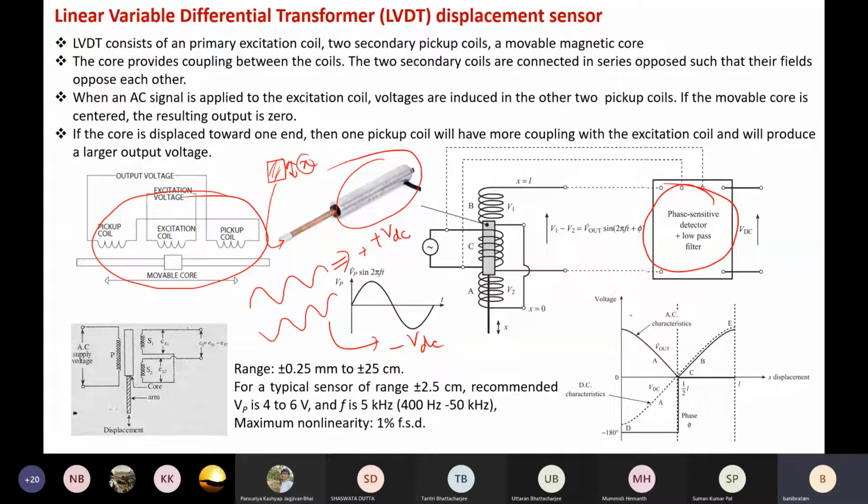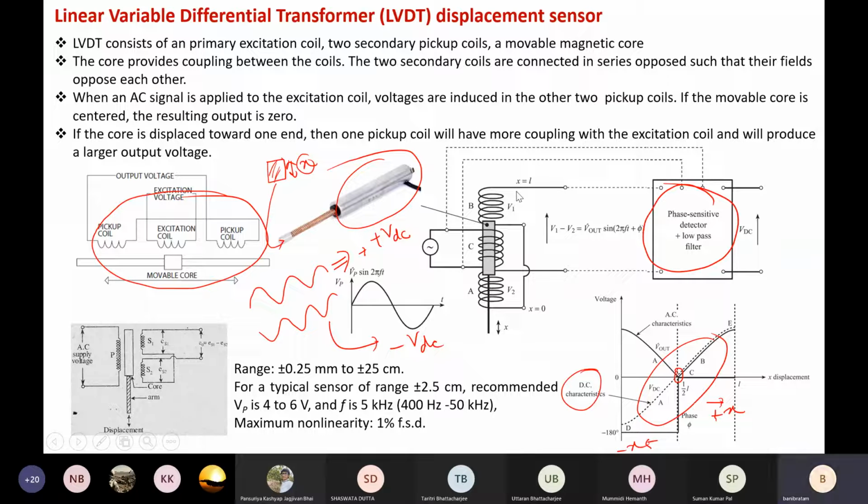This dotted line corresponds to the DC characteristic, which you are more interested in seeing. Here, this is your zero displacement, this corresponds to plus x displacement, and this corresponds to minus x displacement. In this way, we can use the LVDT sensor to measure the displacement, both the amplitude as well as the direction.